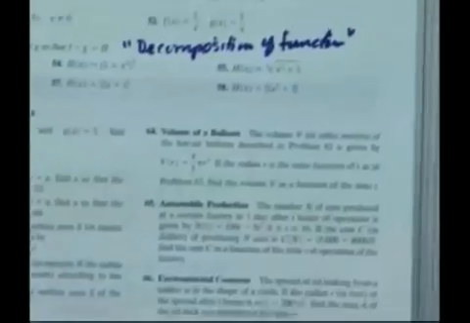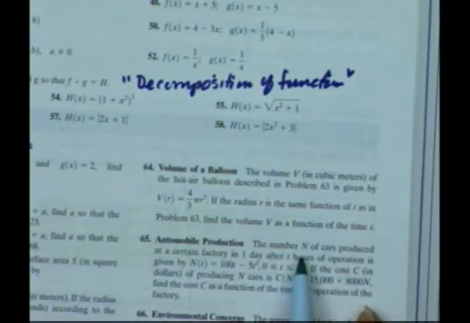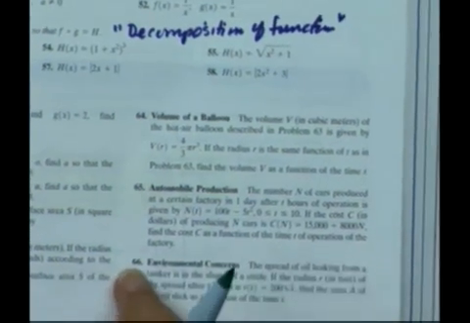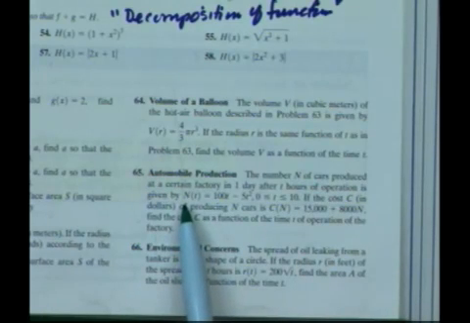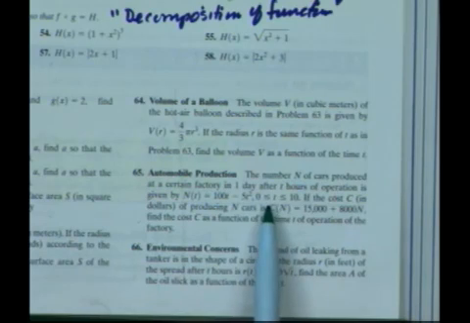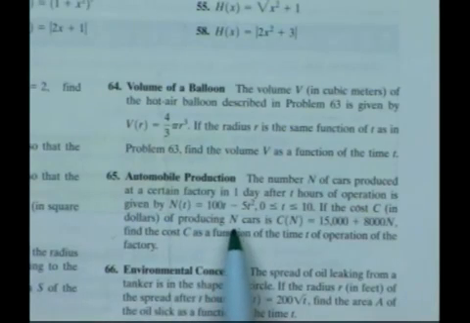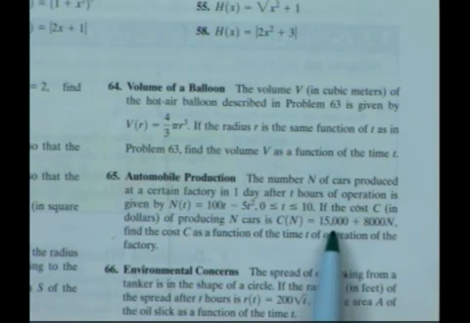Number 65. Let's see what this says. The number n of cars produced at a certain factory in one day after t hours of operation is given. So n is number of cars, t is hours. The cost of producing n cars is this amount.